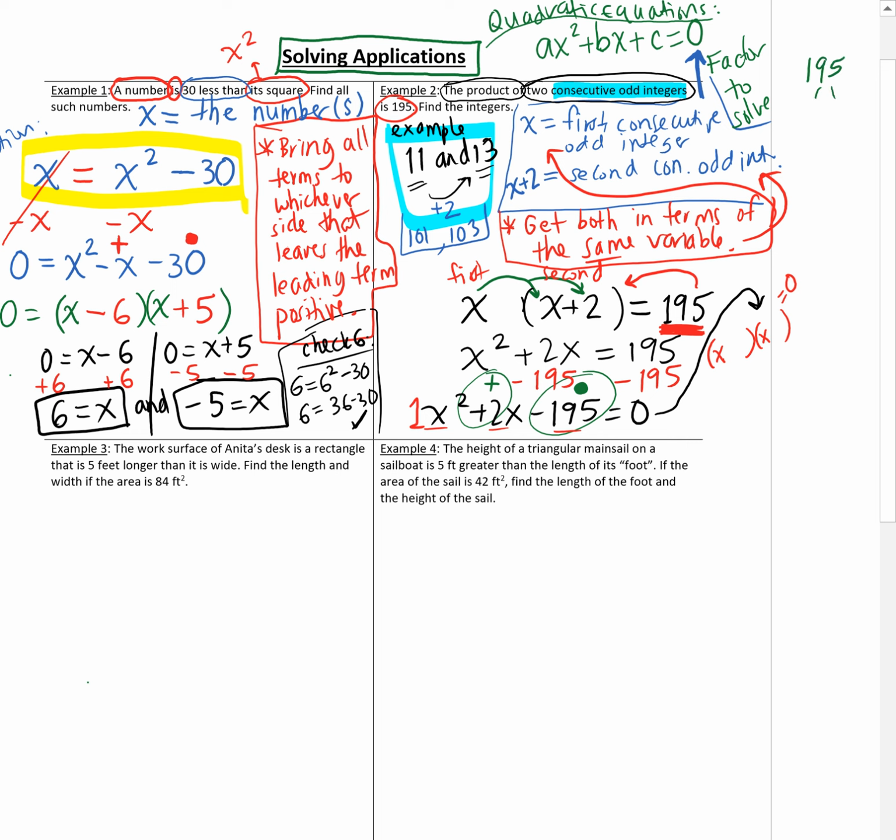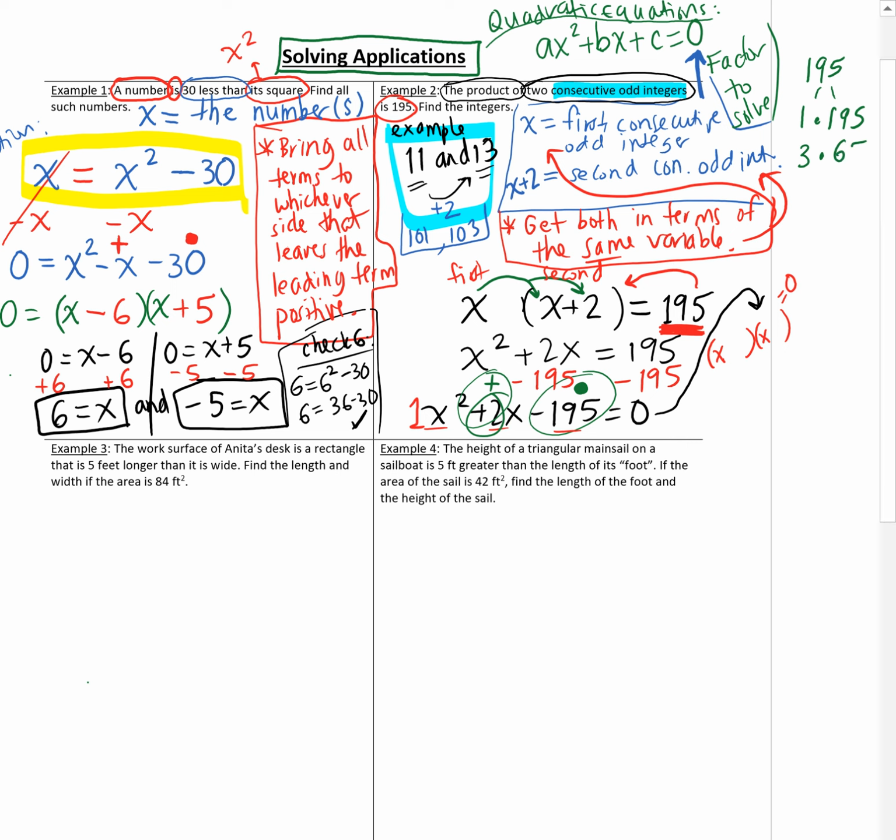Well, I know 195 can be 1 times itself, but no matter which of those numbers, 1 and 195, I make negative or positive, there's no way they're going to add up to 2. That's not going to happen. Does 2 go into 195? No. Does 3 go into 195? I think so. 3 times what? Let's see, it's 3 times 65.